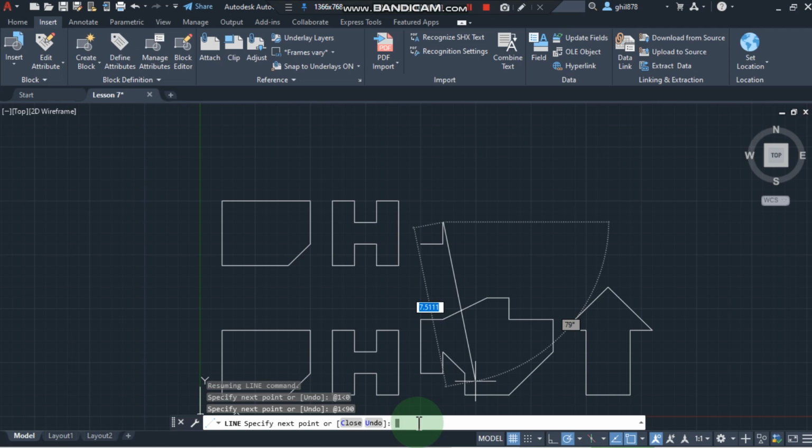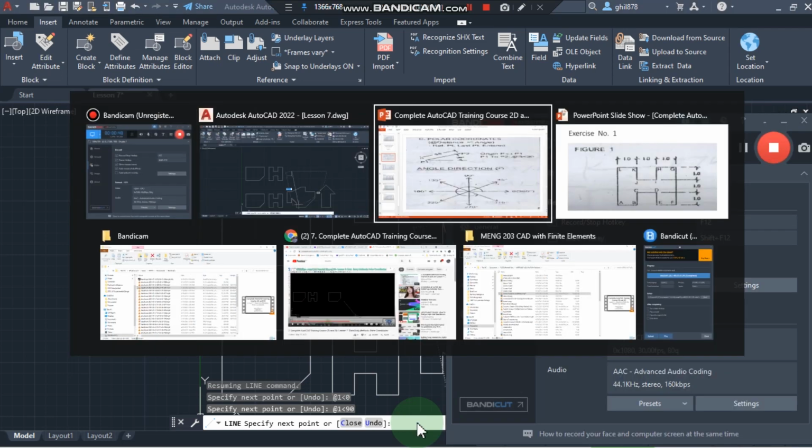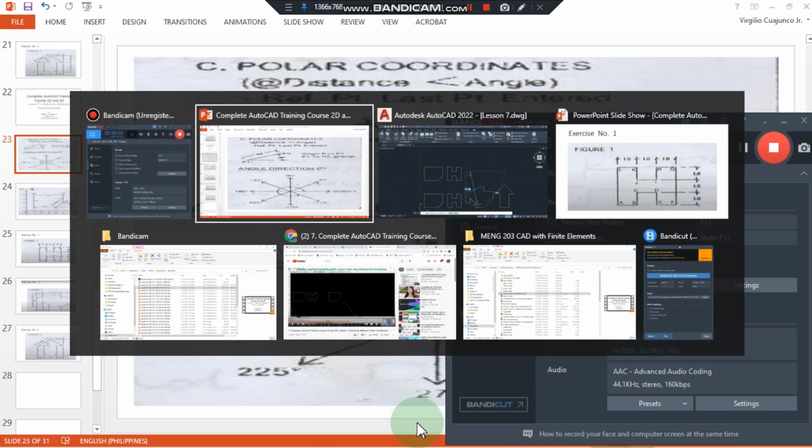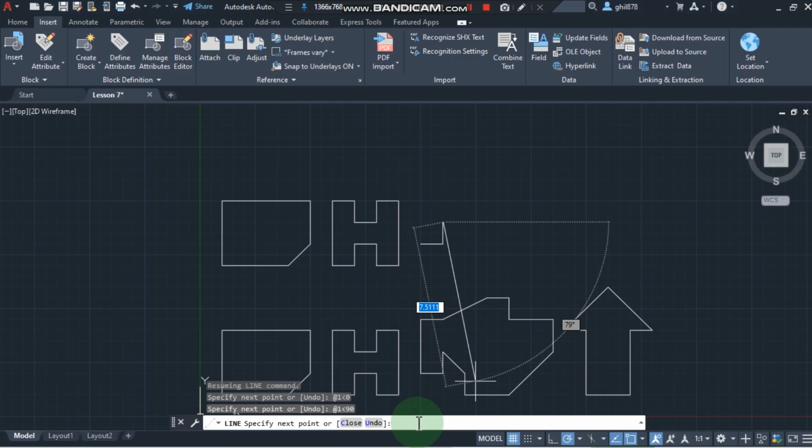Downward, again, it's 315 degrees. So at 1.4142, angle of 315.